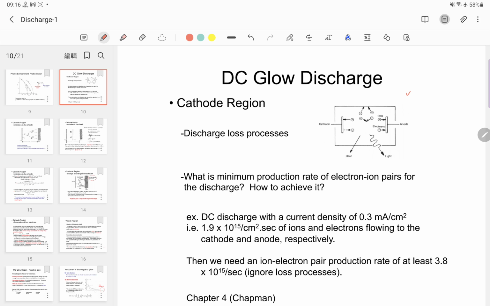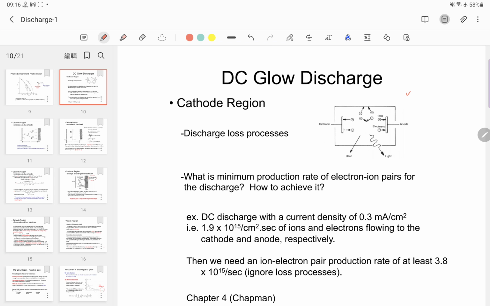And if the distance between cathode and anode is larger than 1 centimeter, then you can consider that for the area of 1 centimeter square and the distance of 1 centimeter, the volume is 1 cubic centimeter.